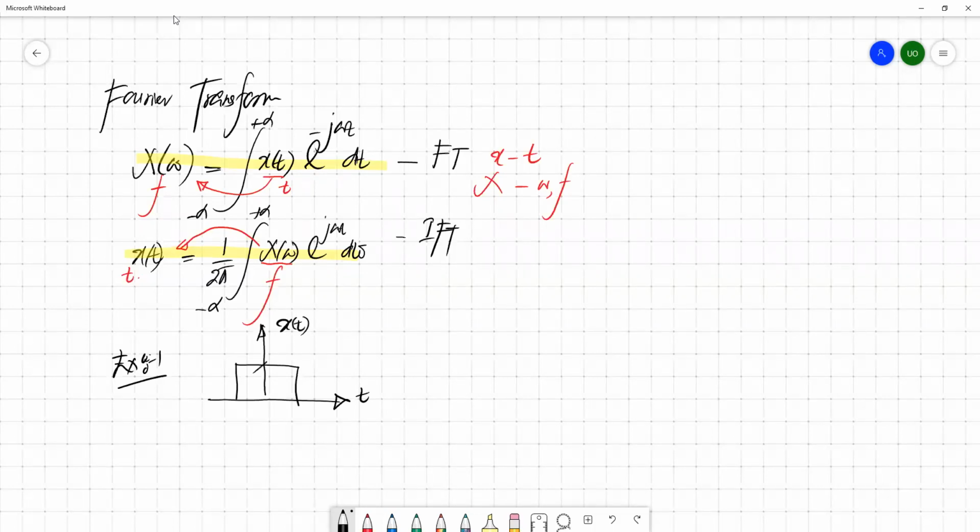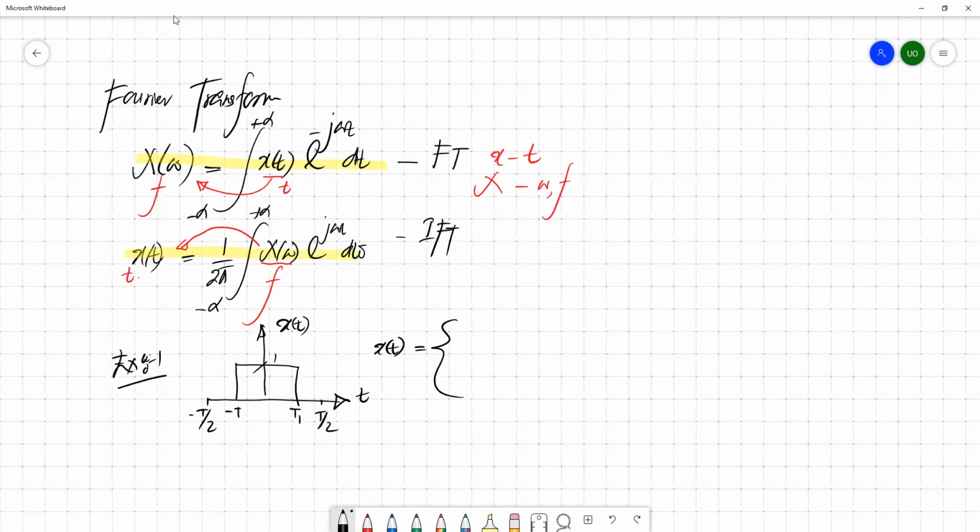The value here is 1. Here we have t1 and minus t1, then this is T/2 and this is T/2. So this is the graphical representation of x(t), and we can map it to the mathematical equation. You can define x(t) like this.